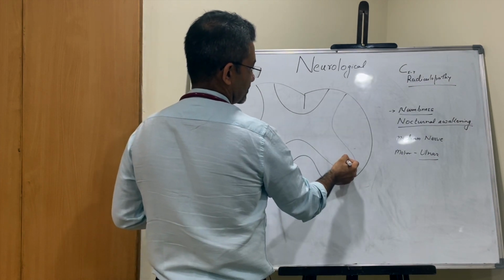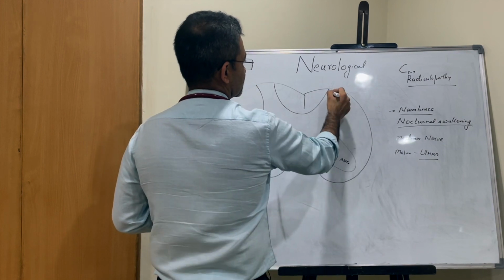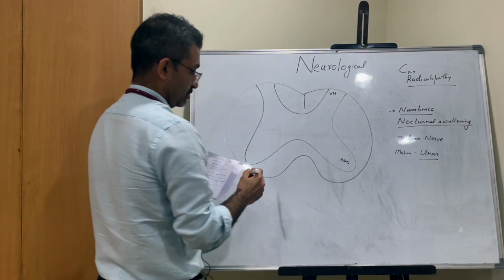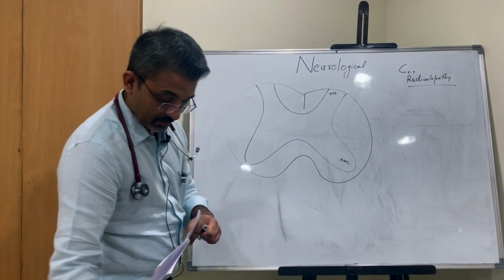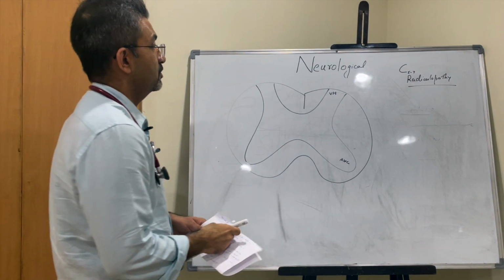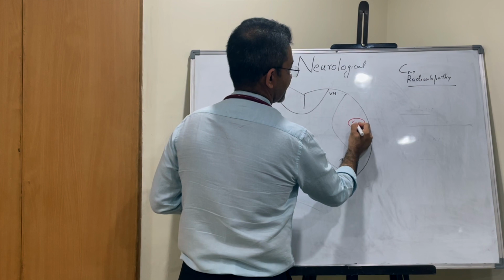This is your anterior horn cell, anterior gray horn. This is your ventral horn. Laterally you have the corticospinal tract.